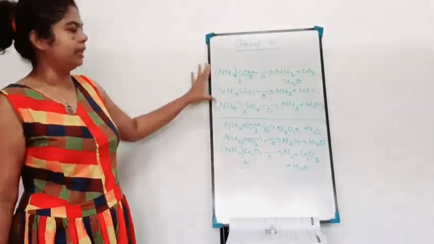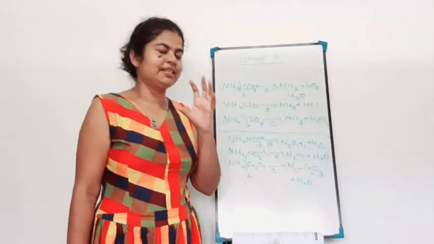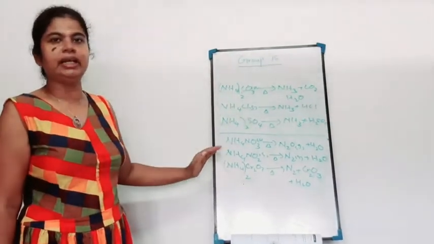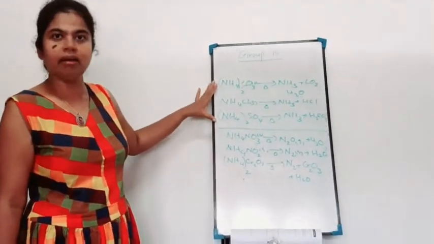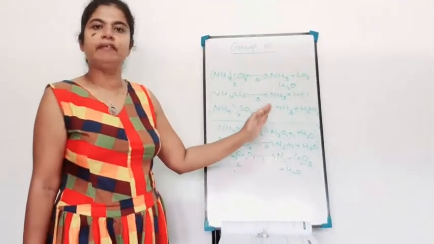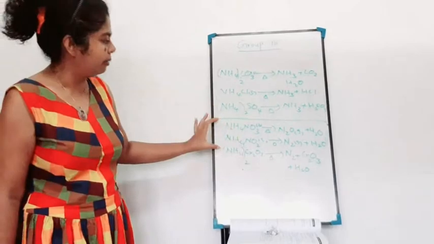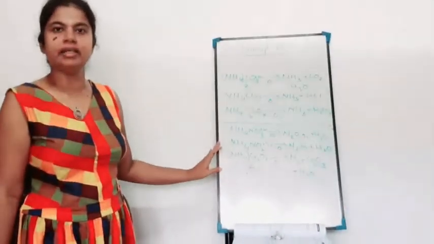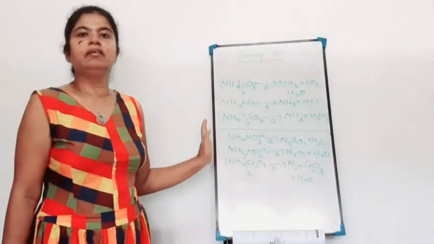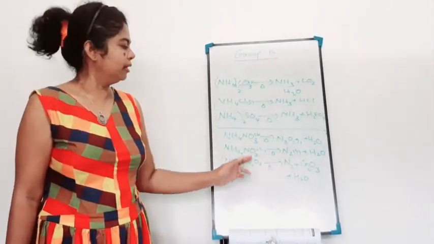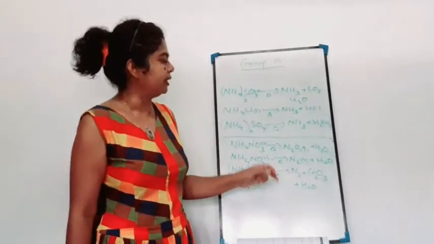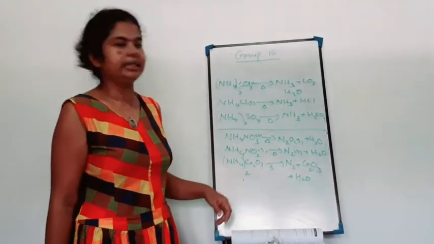So you can always try to make a short note, taking a comparison like this. These three ammonium salts produce ammonia when decomposing. But these three compounds do not give ammonia on thermal decomposition; they give nitrogen and N2O like that.